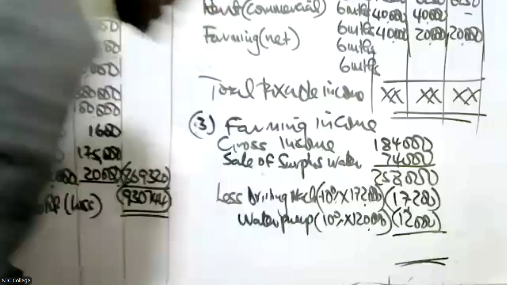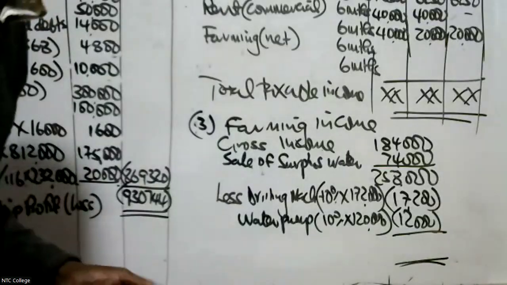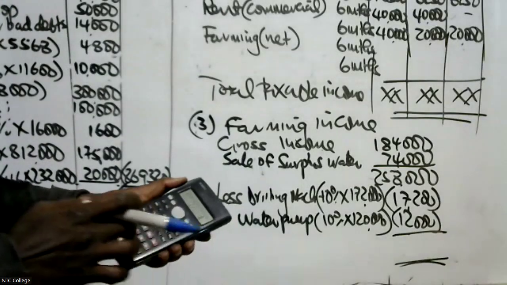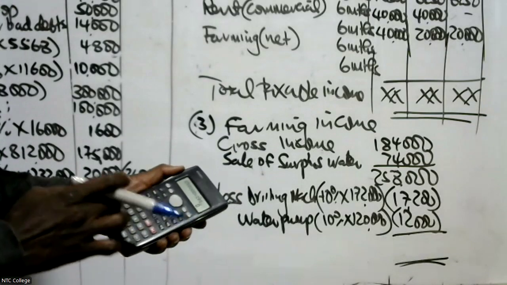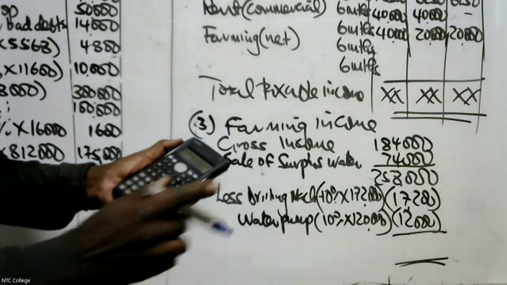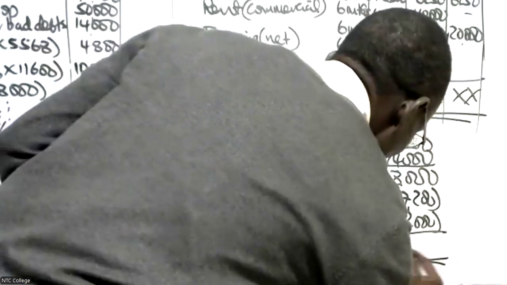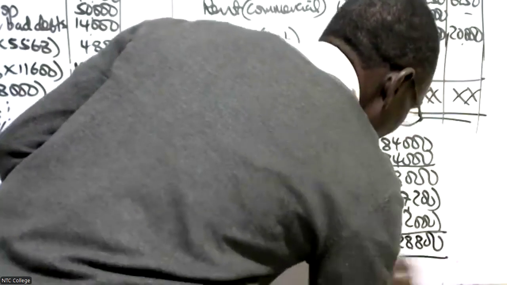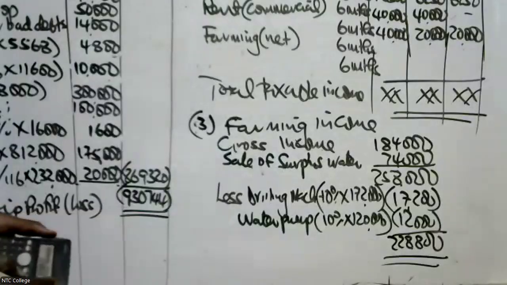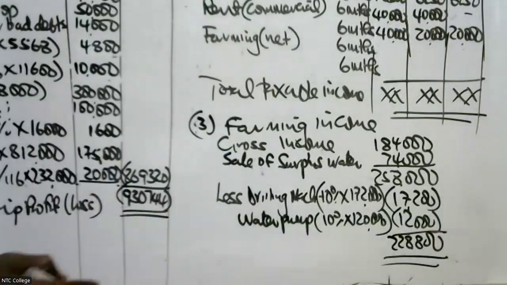So from 258,000, I'm deducting 29,200. 258,000 less 29,200, the difference is 228,800. So that's the taxable income, 228,800.